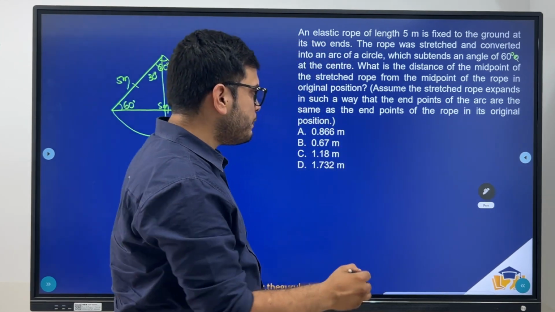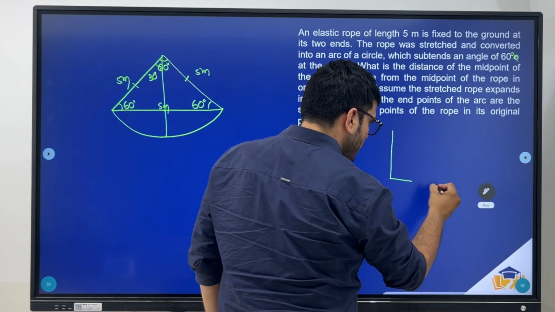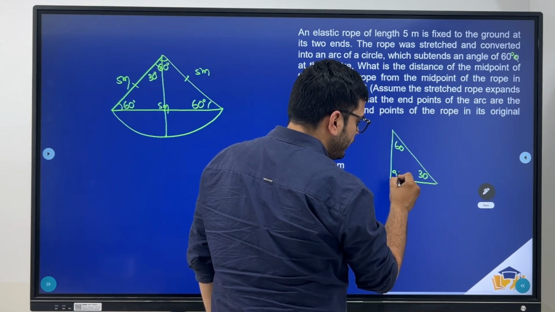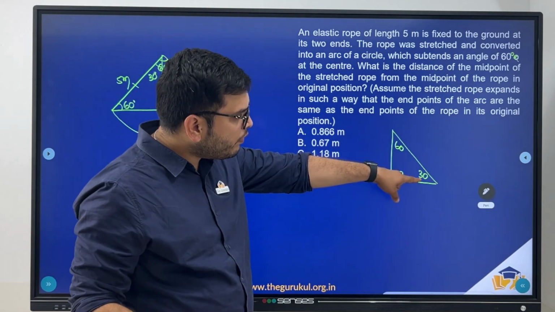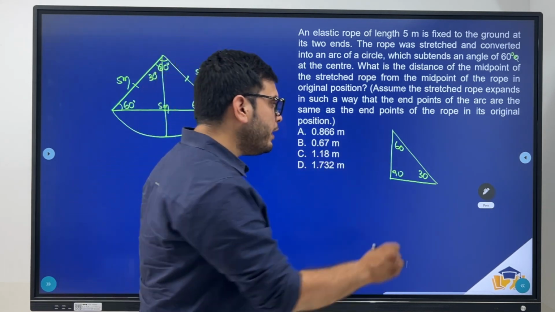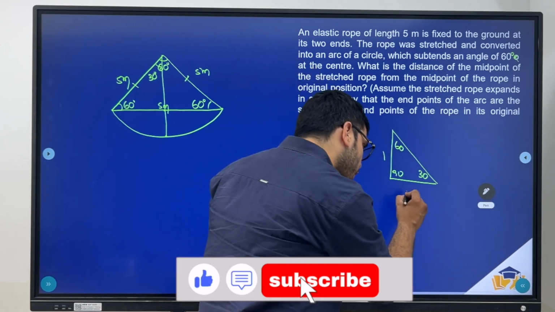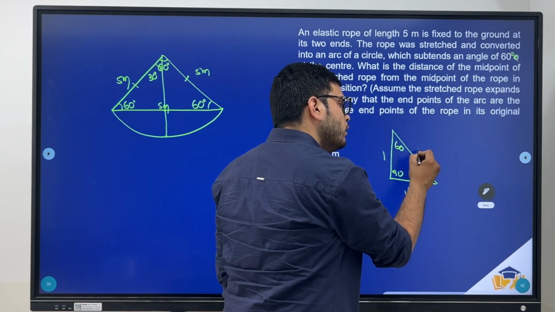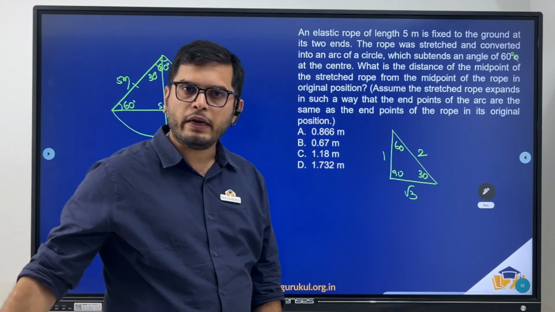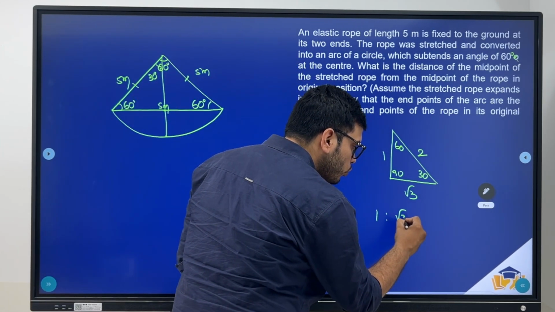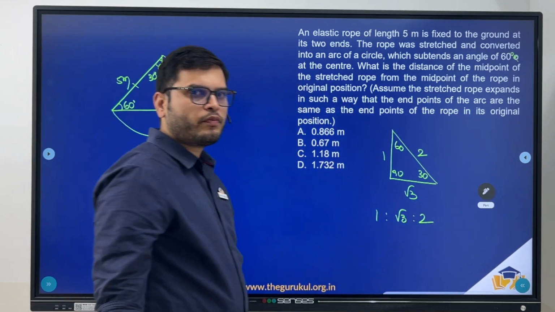So this is 5 meters, and we have a special right angle triangle here of angles 30, 60 and 90. Now in the case of a special right angle triangle with angles 30, 60, 90, if the length of the side opposite to 30 degrees is 1, the length of the side opposite to 60 degrees should be root 3 and 90 degrees should be 2, right? Or the sides should be in the ratio 1 is to root 3 is to 2, right?